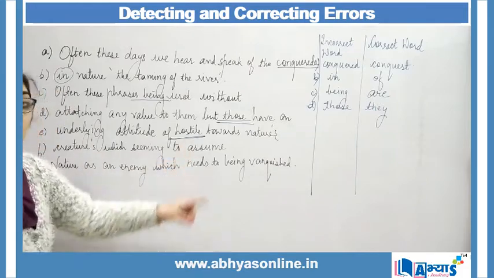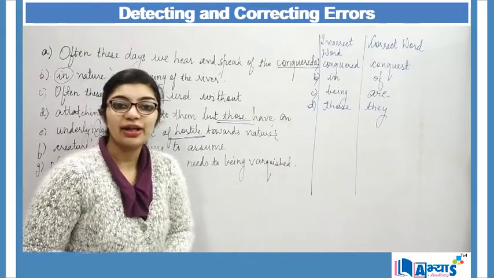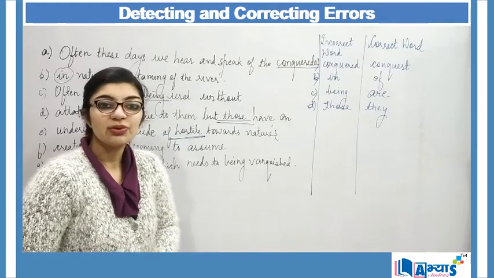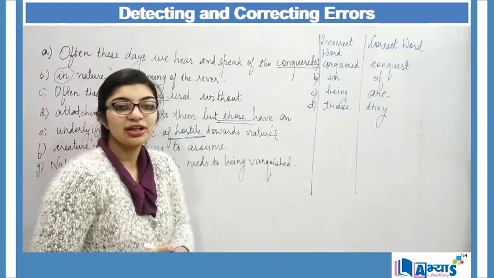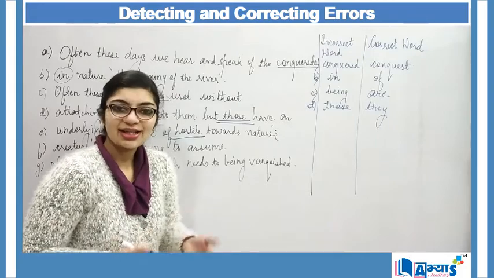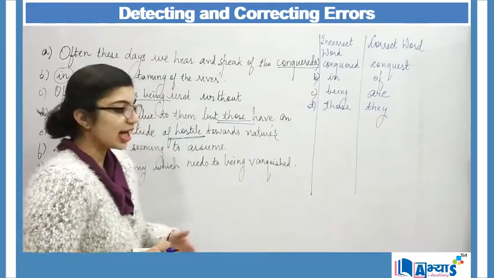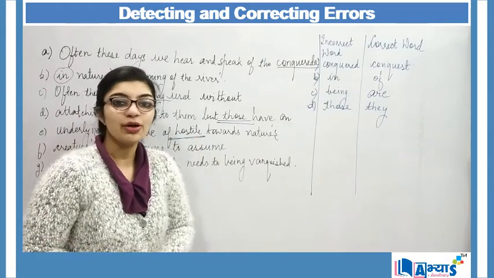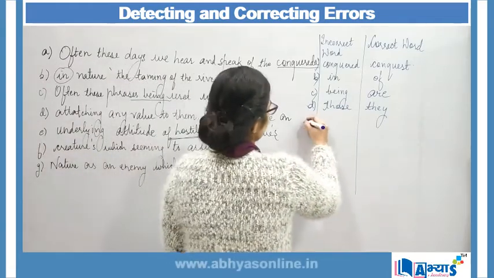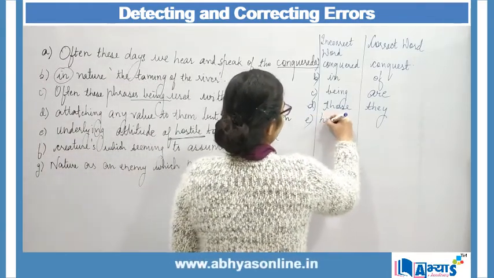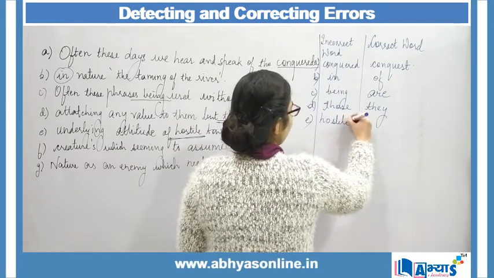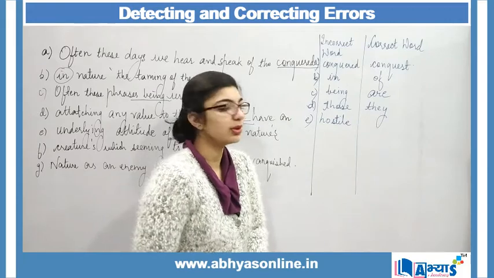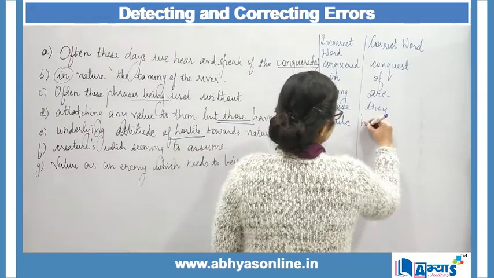An attitude of hostility, an attitude of decency, we will not say decent. An attitude of decency, an attitude of carelessness. So that is all nouns. So again, instead of hostile, we will be mentioning hostility. So in line E, the word which is wrong is hostile, and against that wrong word, I will be making use of the word hostility.